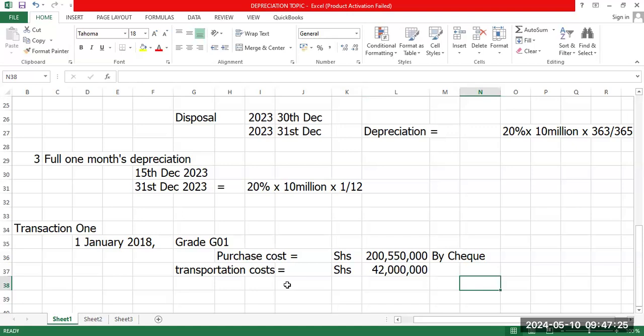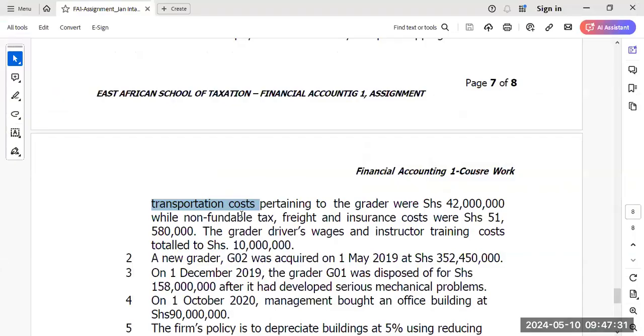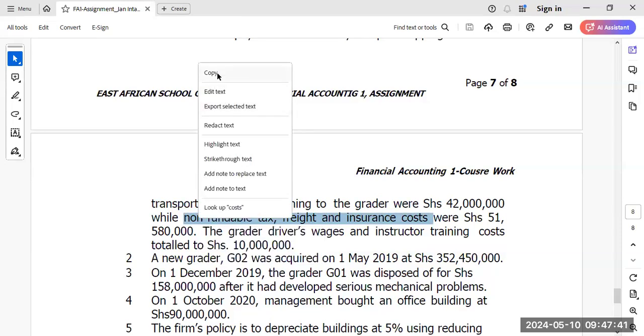Then next, they are telling us that non-refundable taxes, freight and insurance costs were this. We also recorded this.